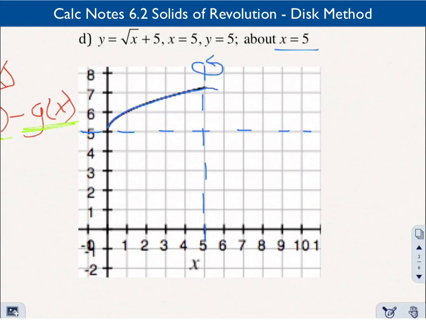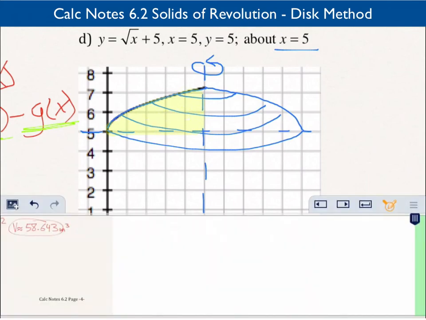So it's going to revolve this way. And the area we're revolving is right here. So let's take a look at our representative rectangle.